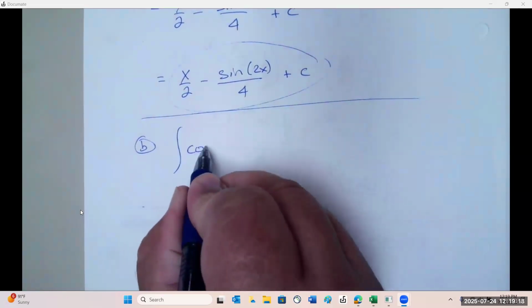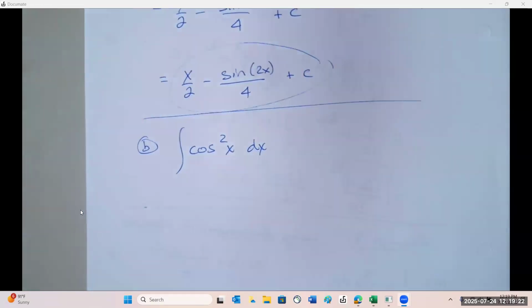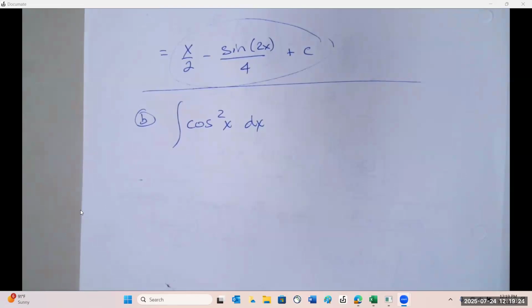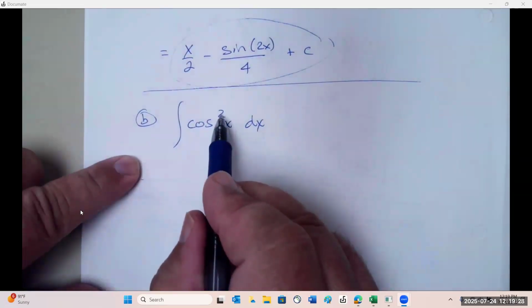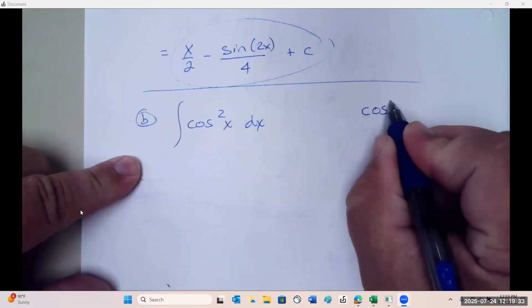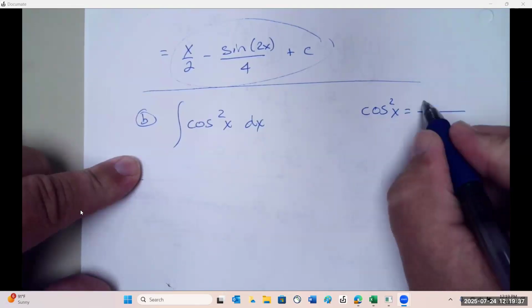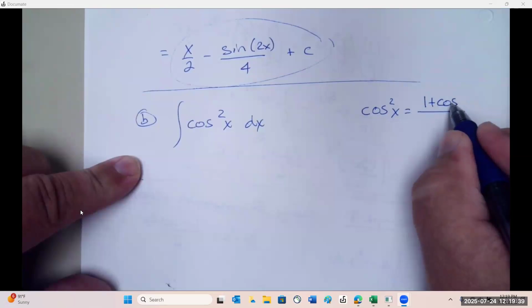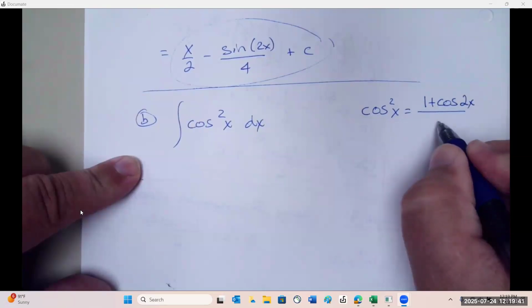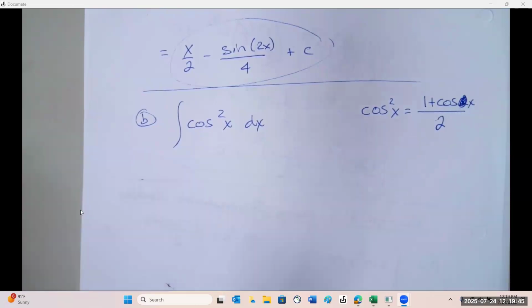B. Look at the integral of cosine squared x dx. Again, we have the integral of cosine squared. What is the identity for cosine squared? Two x is just 2.